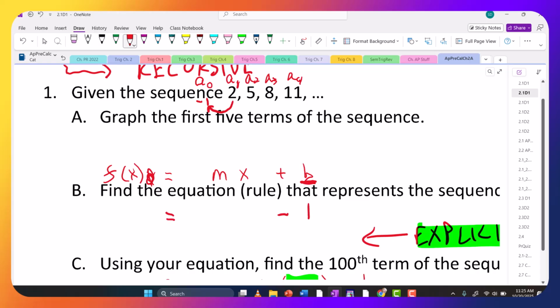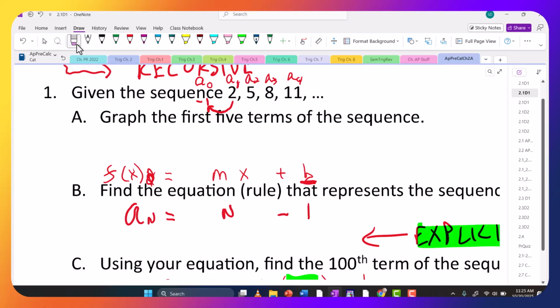I'm going to write it in sequence notation, not f of x notation. And then what's the slope? The common difference, times some n value. I'm writing the equation of this actual scenario.